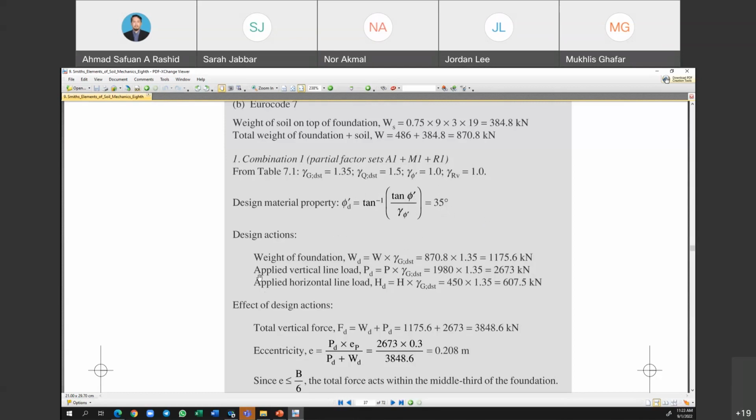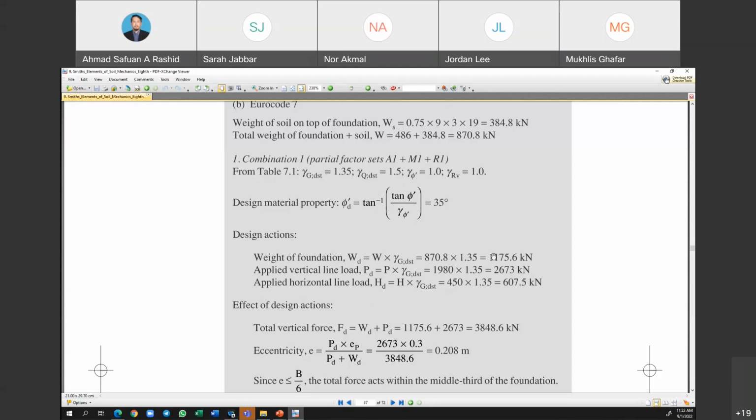Then for the weight of the foundation, because this is permanent, the applied vertical load is permanent and the horizontal line load is also permanent. Unless the question describes it as a variable load, in which case we need to multiply with 1.5.